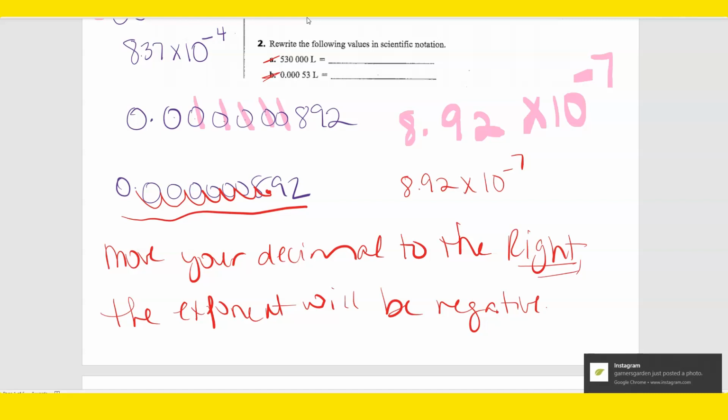So we've got 530,000 liters. Okay, you're probably wondering, all right, that looks like a very large number. You're right. It is large, so guess what we're going to do? We're going to make sure that our exponent is positive. All right, so let's do this one.